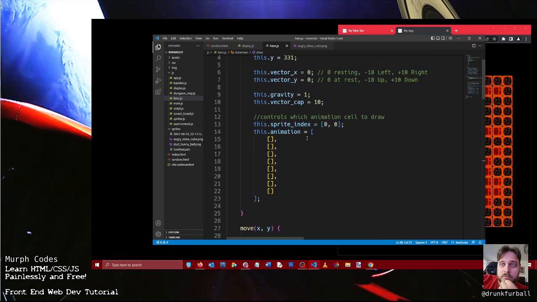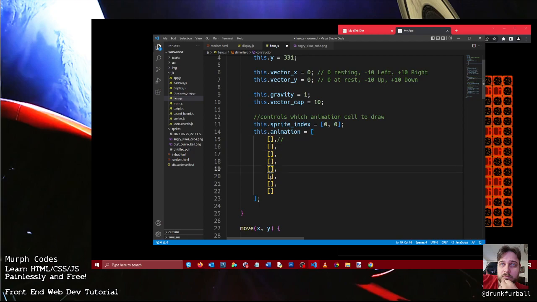Now what we're going to do is we're going to have a series of different animations here, okay? And we're going to control it with arrays.